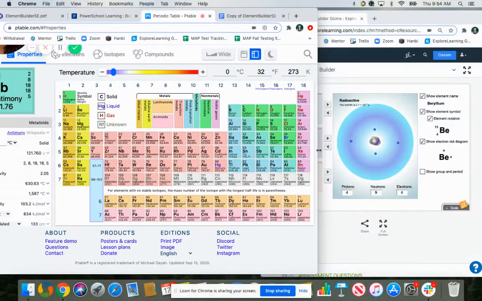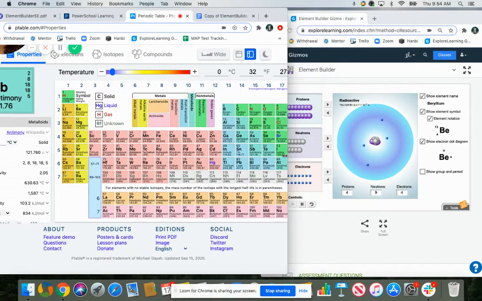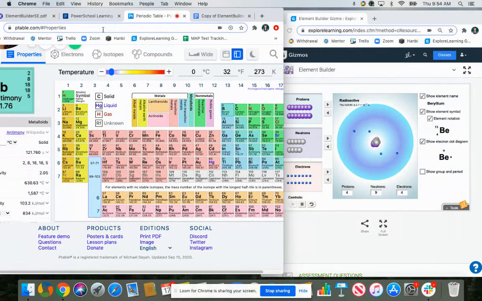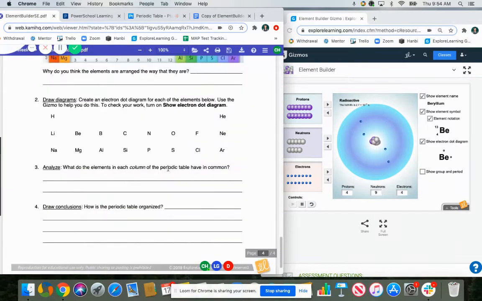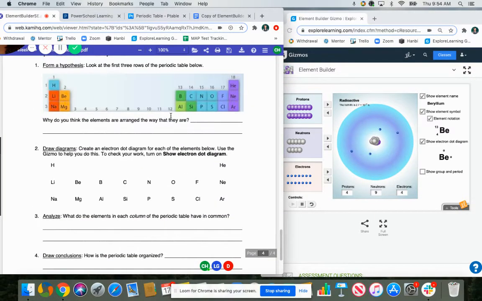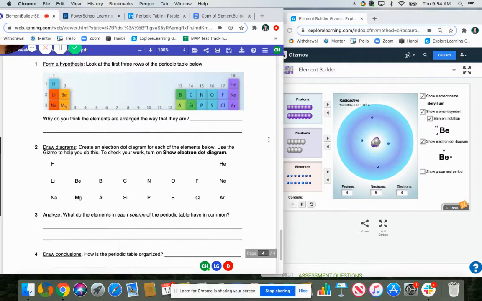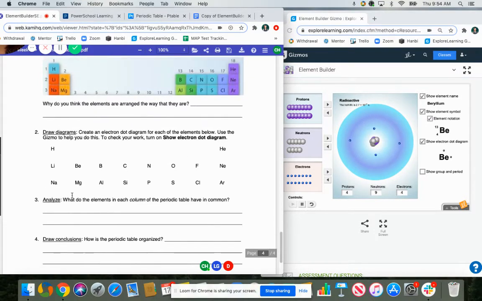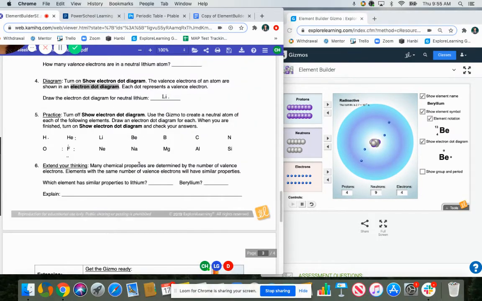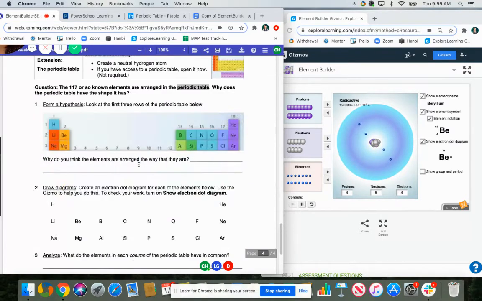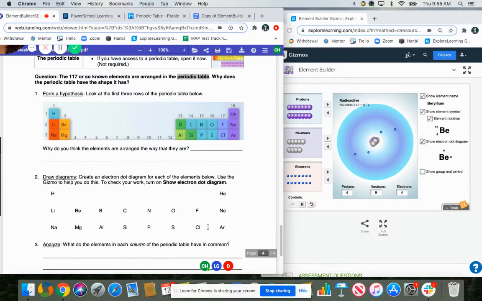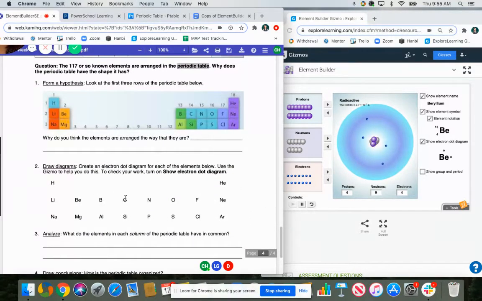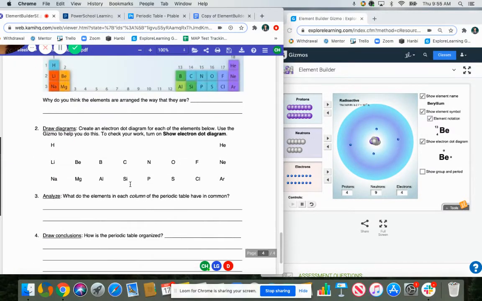Okay, and these are all the periodic table, so you can sort of take a guess why you think they're arranged this way, and then you're supposed to do the dot diagrams again, but you've done them up here, but this time they're in this order, so you'll be able to see what the pattern is, okay?